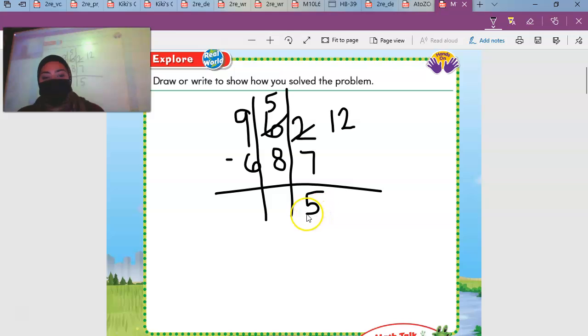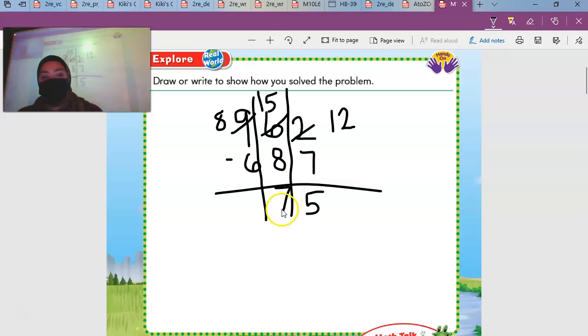Can you do that? No. If the top number is smaller than the bottom number, you have to regroup. So are we regrouping again? We already did. Yes, you are regrouping again. You borrow from the hundreds place. That 9 becomes an 8, and the 5 becomes a 15. Take away 8 is 7.